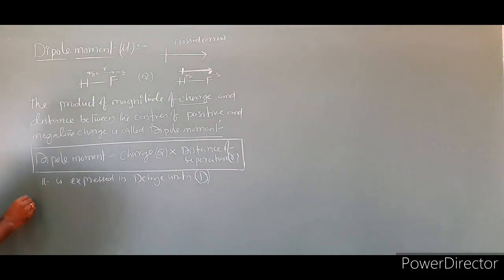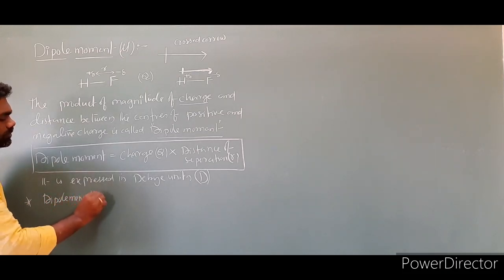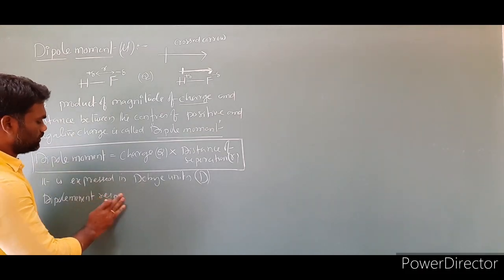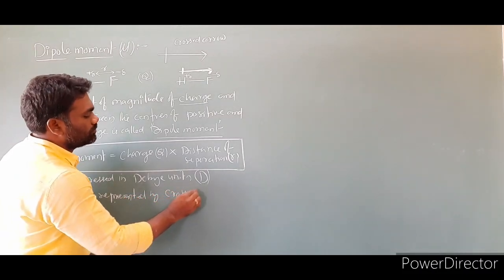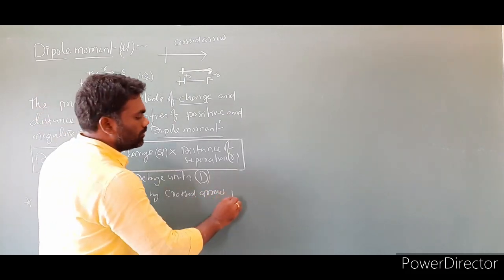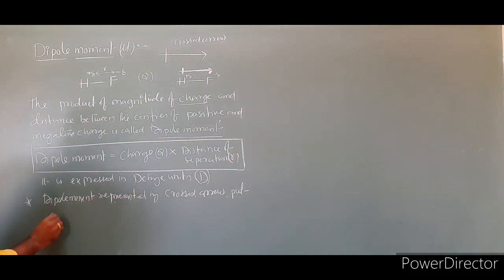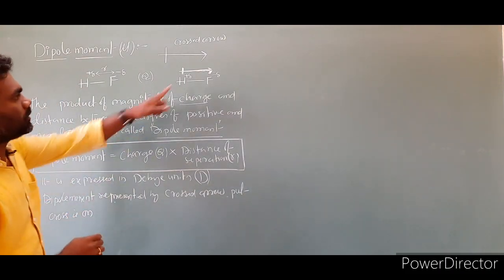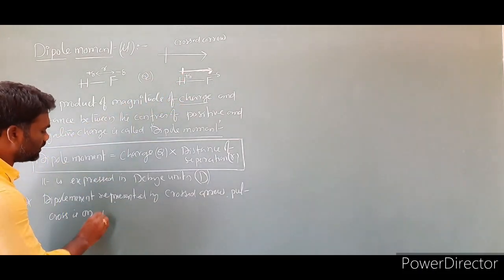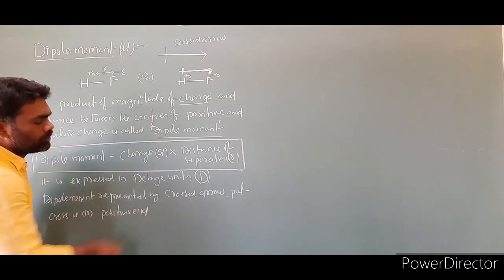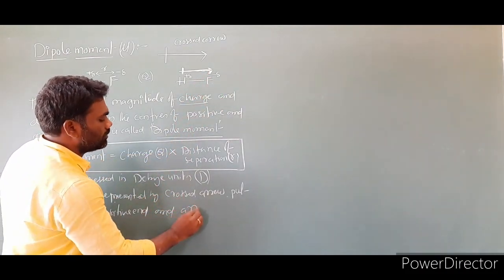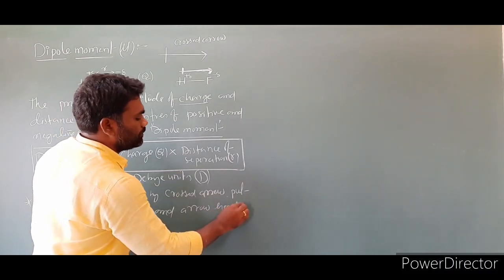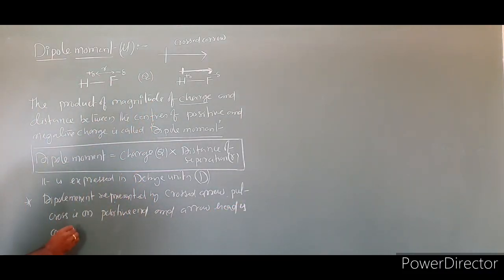Next, the same sentence you can write. A dipole moment is represented by a crossed arrow, put the cross on the positive end, and the arrowhead is on the negative end.